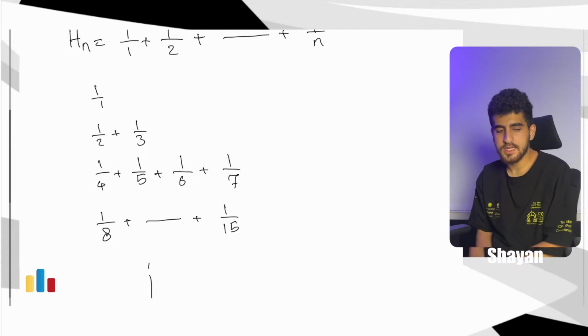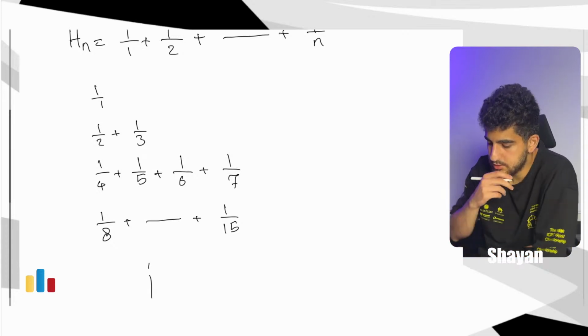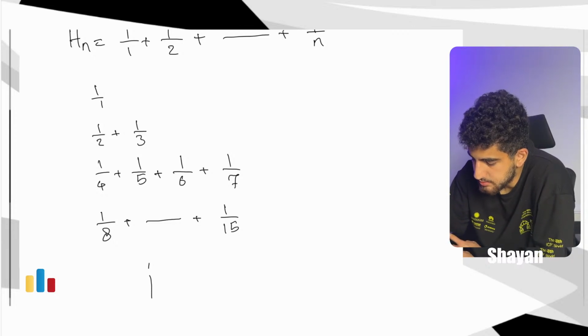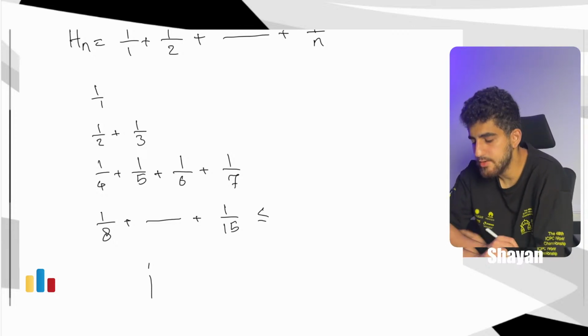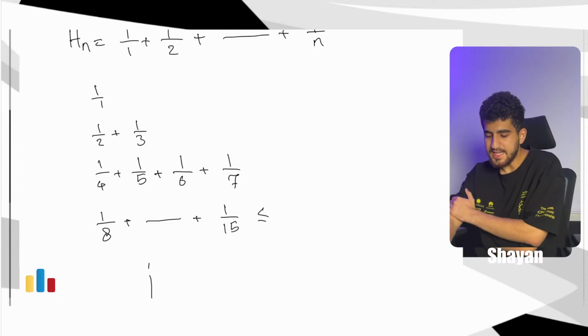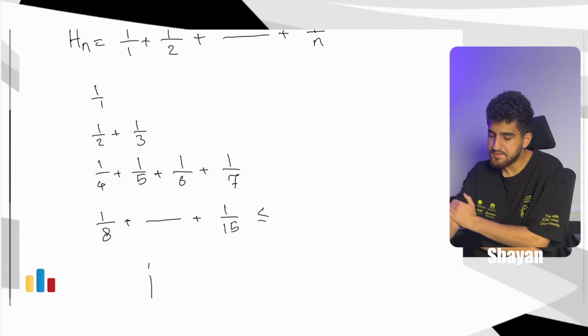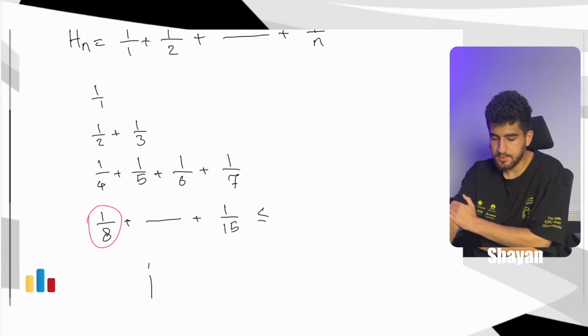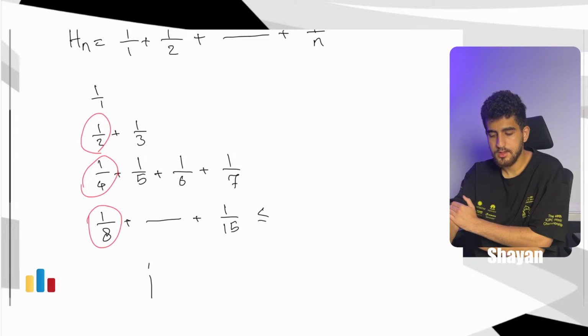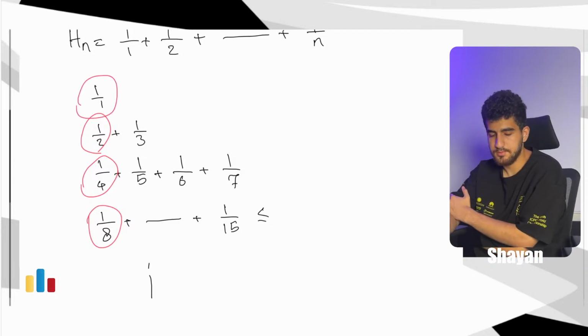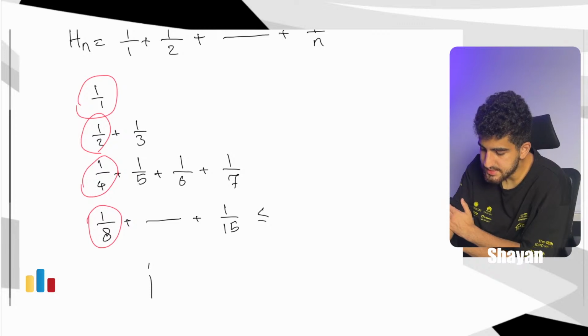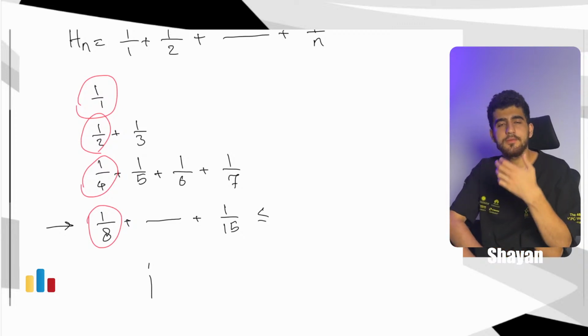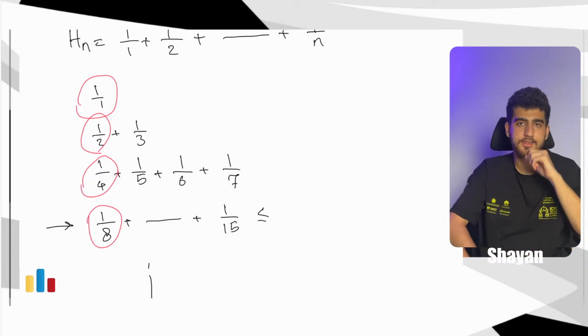Well, the point is that in each group, you can easily see that the first number is the greatest one among them. For example, in this group we have 8 numbers, and the greatest one of them is 1 over 8.